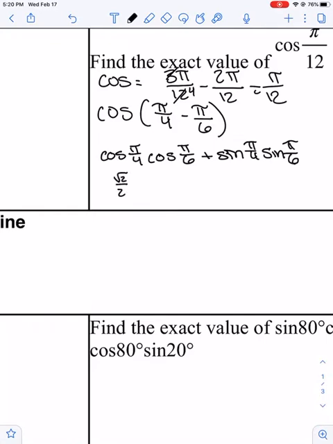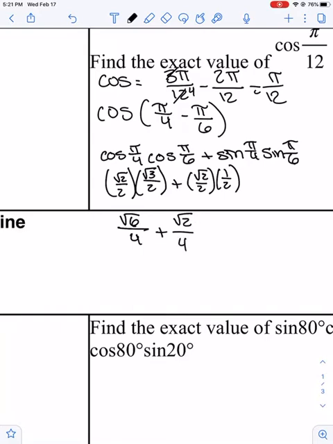All right. The cosine of pi over 4 is root 2 over 2. The cosine of pi over 6 is root 3 over 2. And then plus sine pi over 4, which is root 2 over 2. And then the sine of pi over 6 is 1/2.